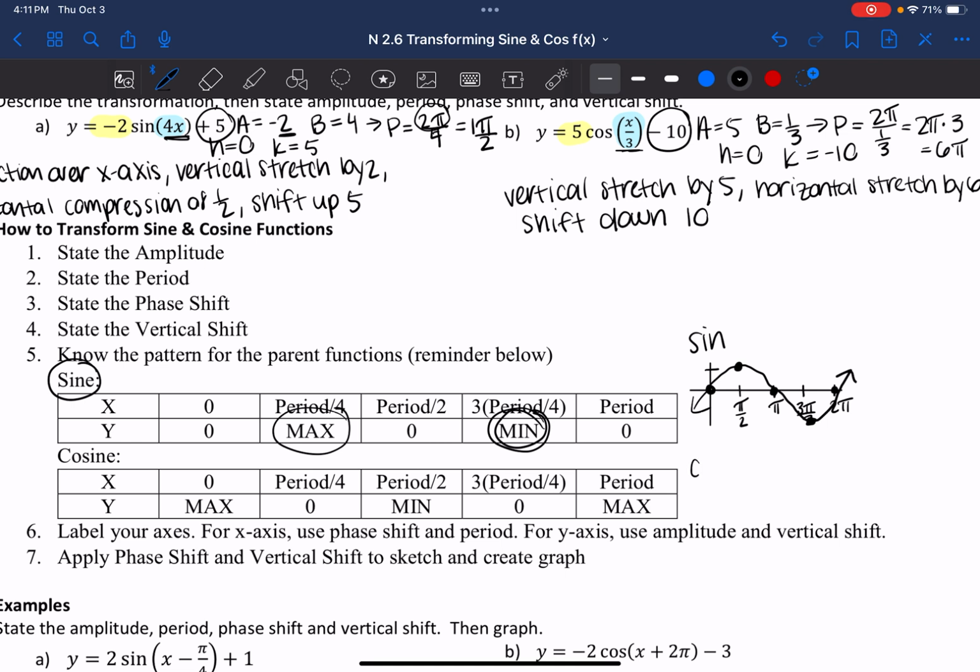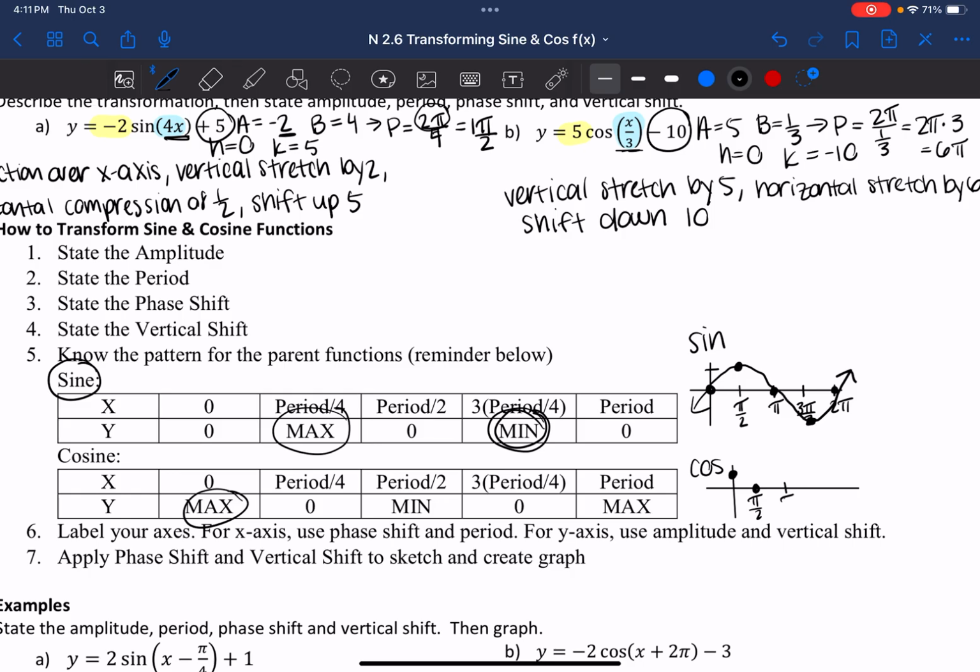For cosine, we would start at 1. So yesterday, our first point would have been up here at 1, which is our typical maximum on the parent function. And then when I get to pi halves, I'm at 0.